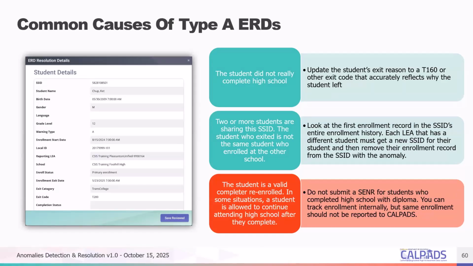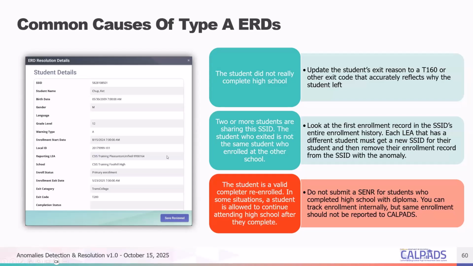So the prior LEA could change the student's exit to an E155 or T160, or you can just ignore it because that was probably what the student mentioned to you. But then again, ERDs will not impact your ability to certify. Okay, so the 2% threshold will only be because of MIDs and CCEs. So if you have a T280, which was the correct exit from the prior LEA, then you can just ignore it.